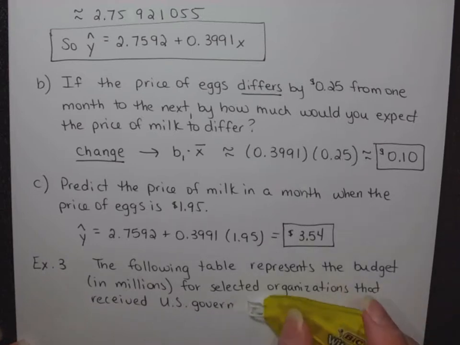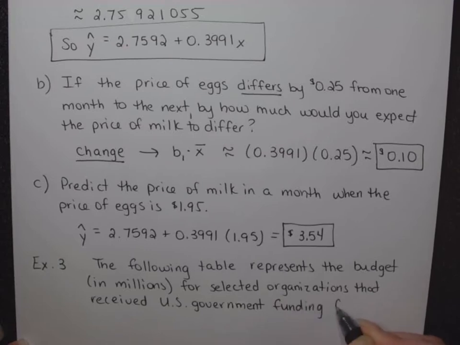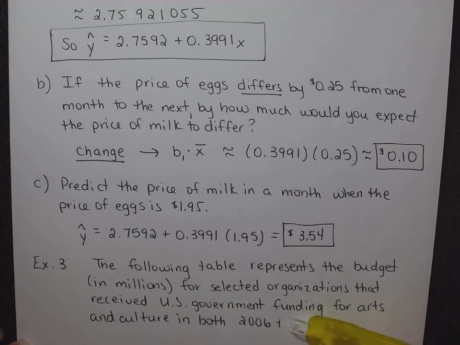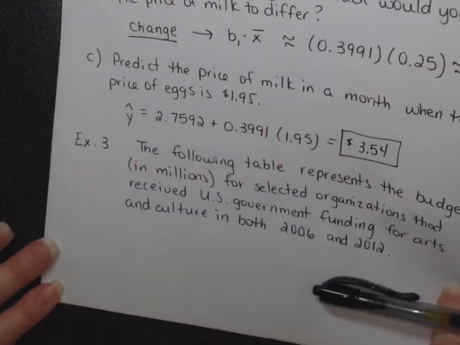Can't spell government. And we're going to compare the years 2006 and 2012. In other words, does the funding they get in 2012 have some correlation with the funding they got in 2006?